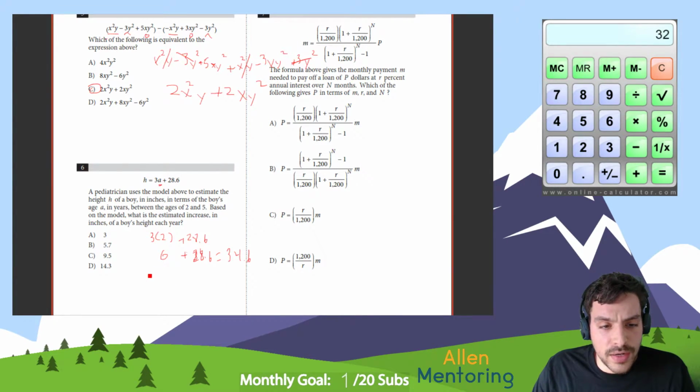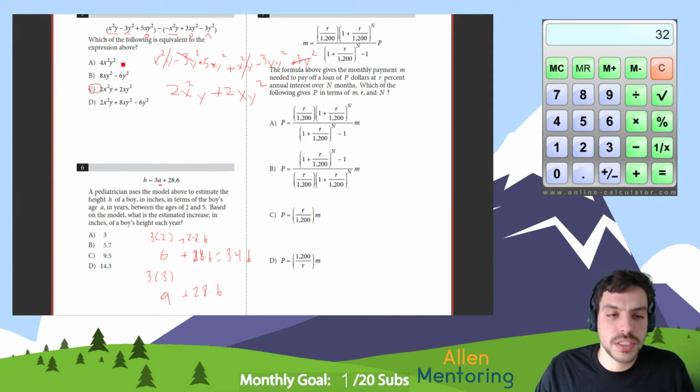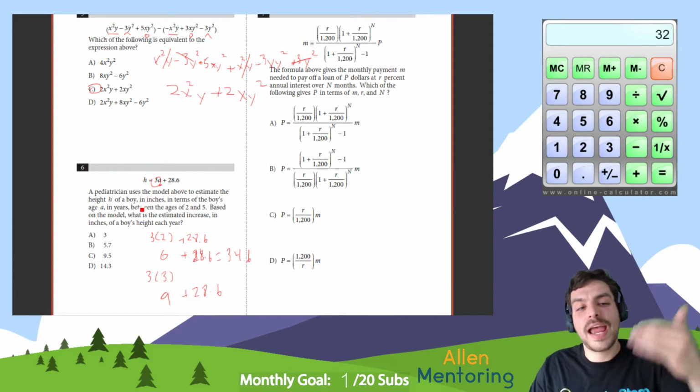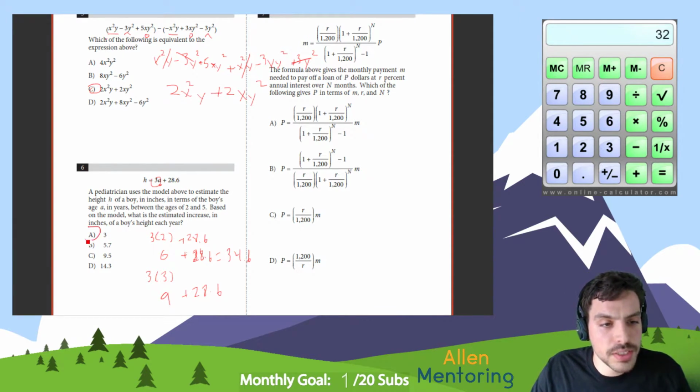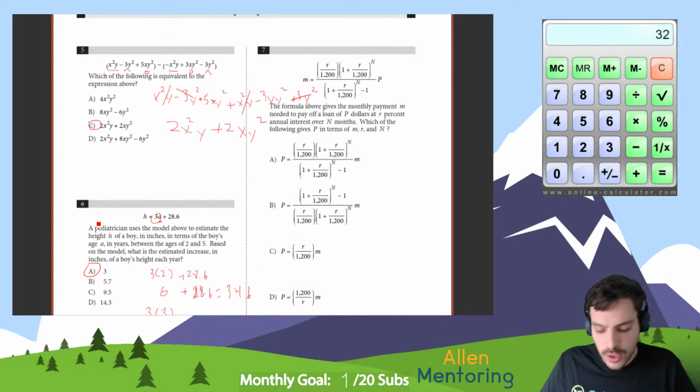Well, we see here that if we plug in 3, the only thing that changes is the number that we're adding to 28.6. All right, and so in this case, we'll be adding 9 plus 28.6. And so we see that every single year, he grows by 3 inches. So 3 here is what he's growing by every single year. Okay, so we can select A and feel pretty happy that we got that one correct.